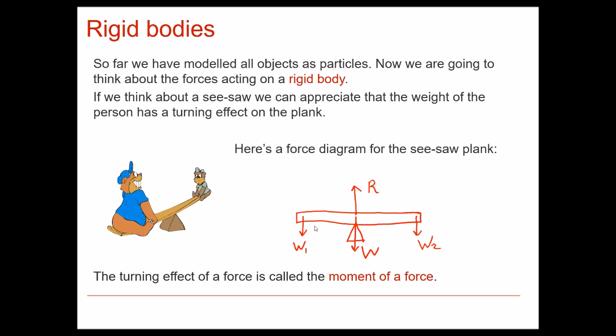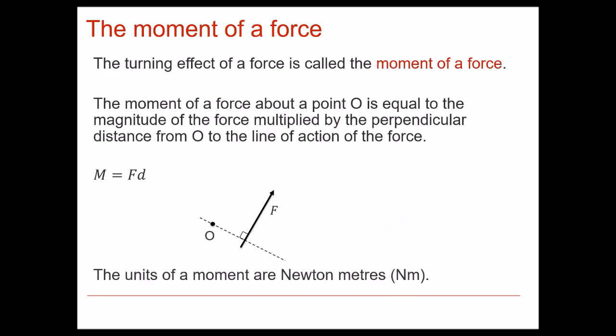because there is some kind of turning effect happening. We are going to consider what's called the moment of a force, which is the turning effect of that force. Now, to calculate the moment of a force, we need to consider not just how large the force is, but also how far away the point of action of that force is from the point at which the rotation is occurring about, something called the pivot, or indeed about any point at all.